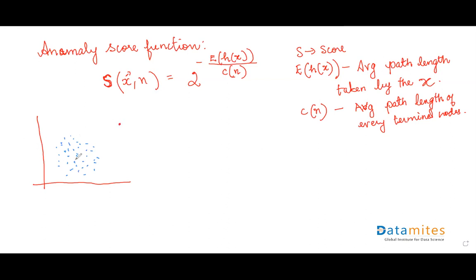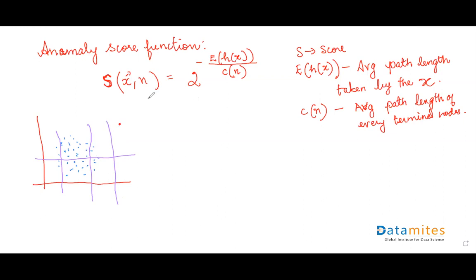When this data set is given to the isolation forest, it is going to do the split randomly. Let us say the first split happens somewhere here, the second split happens here, the third split happens somewhere here. Like this, it is going to split until each data point is isolated. So let us stop here.